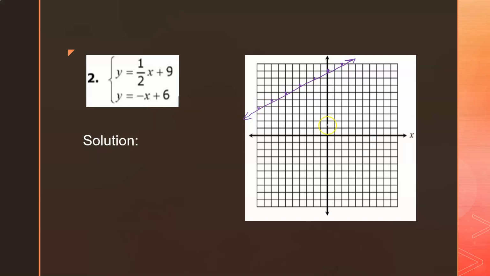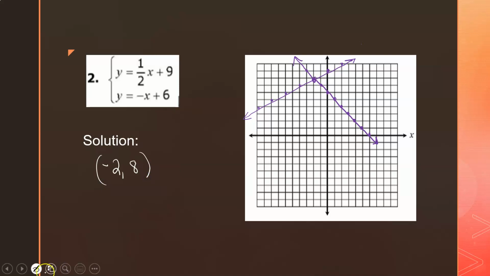So it's up 6 on the y, and my slope is negative 1, so down 1, right 1, up 1, left 1. So here's our solution. The coordinates to that solution are negative 2, 8.